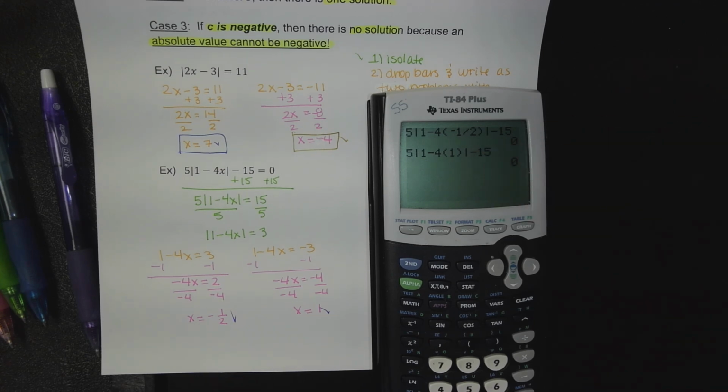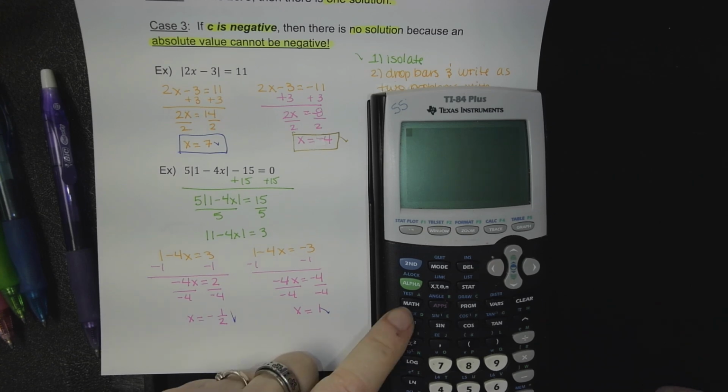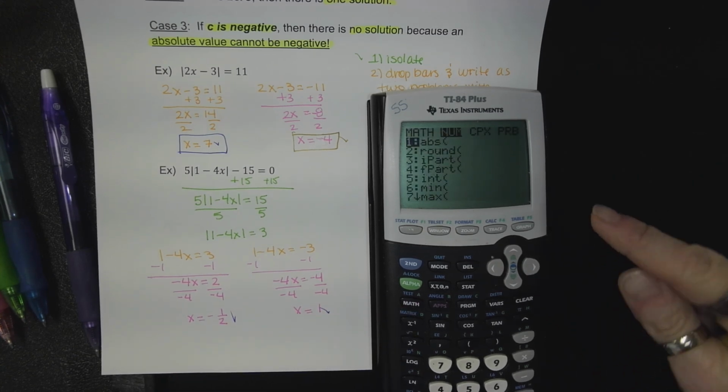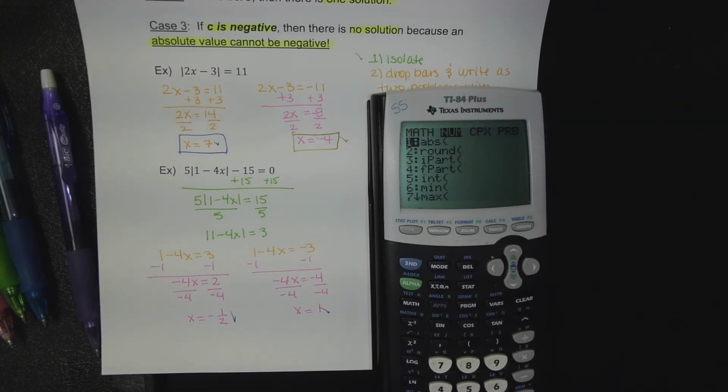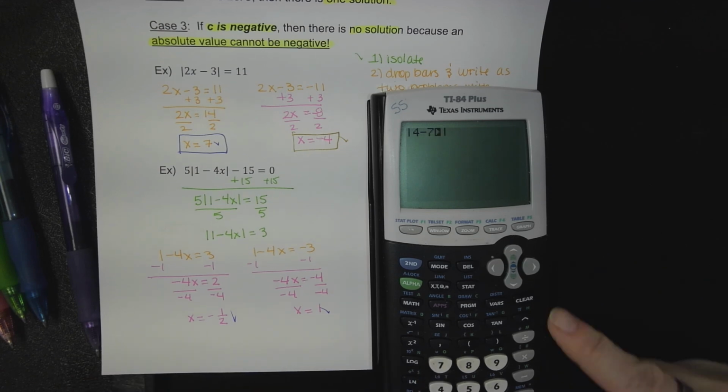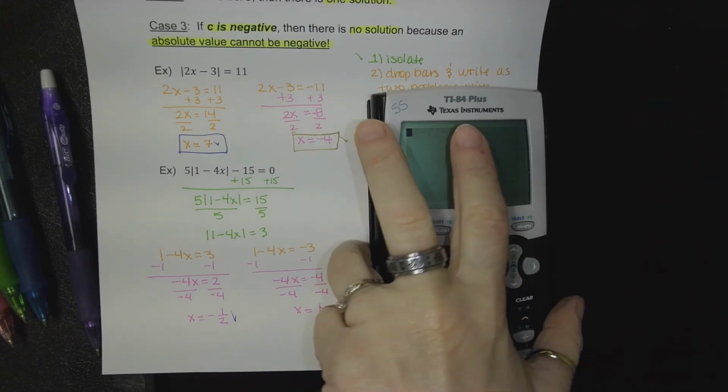But it's good to know how to get to your absolute value on the calculator. So once again, hit math, go over to number, and absolute value is the first one. So just hit enter and it'll open your absolute value up. You put whatever you want in there. I don't know, 4 minus 7. You can arrow over out of it and then put whatever else you want, like minus 9. And hit enter, and it'll give you your amount. Okay? I just made that number.